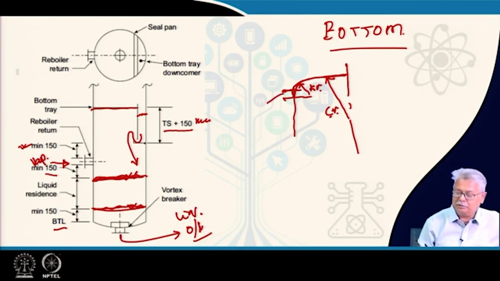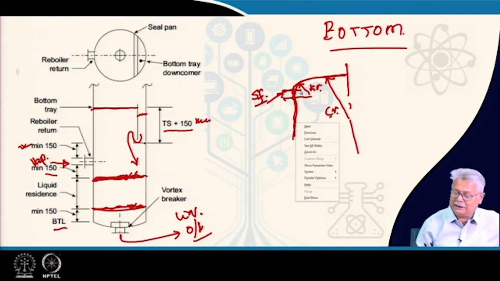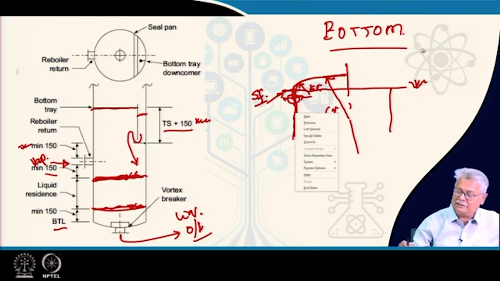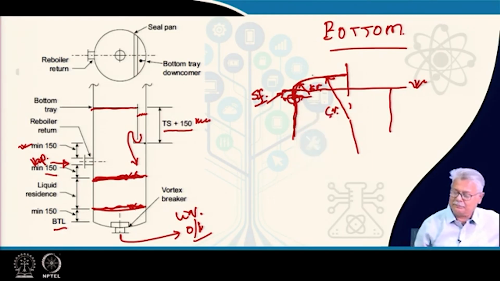Now, this portion is called the straight flange length, and your joining of the head and the shell is here. So, whenever you are talking about any length, the length reference point is this, it is not this part, because this portion is a part of the same cylinder, and your curvature starts from here.